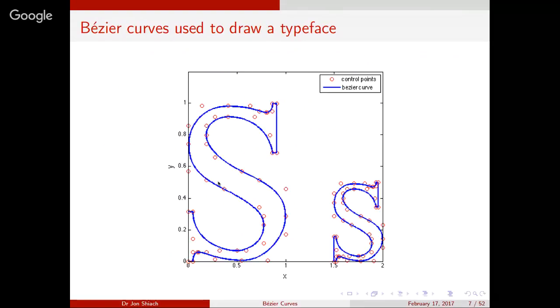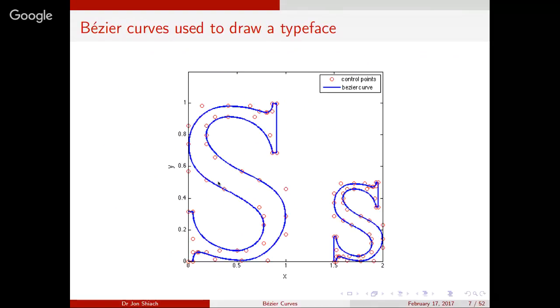Each cubic Bezier curve is defined by 4 control points. So for example, these 4 points here could have been used to define that curvature. There are lots of different Bezier curves that have gone into generating this S, and then I've just joined them all together.